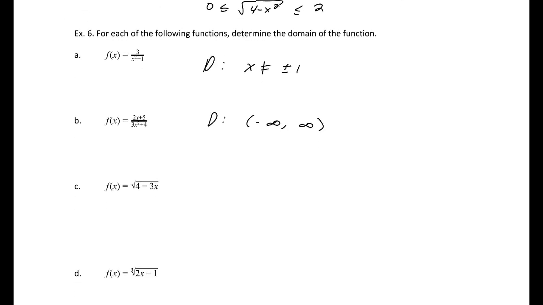That's pretty simple. All right, the next one, we cannot have an even root of something less than 0, so 4 minus 3x must be greater than or equal to 0, which means x is less than or equal to 4/3, which makes our domain negative infinity to 4/3, and we will include that.